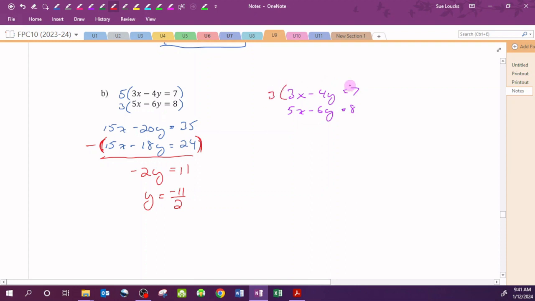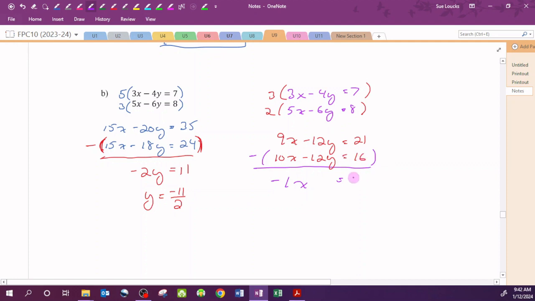So if I multiply this by 3 and I multiply this by 2, I'm going to get 9x minus 12y equals 21 and 10x minus 12y equals 16. This time I have to subtract them again because they're both the same sign, they're both negatives. So 9x minus 10x is minus 1x, minus 12y minus negative 12y is 0, and 21 minus 16 is 5, so x equals negative 5.